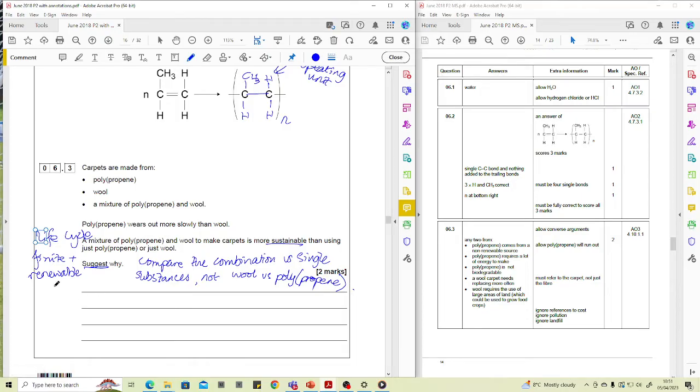Okay, so let's have a look at some sensible things to say. So first of all, let's flex our renewable and non-renewable. So polypropylene comes from a non-renewable source, so reduced quantity is preferred, is more sustainable.